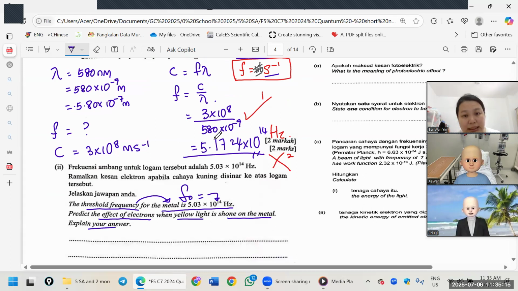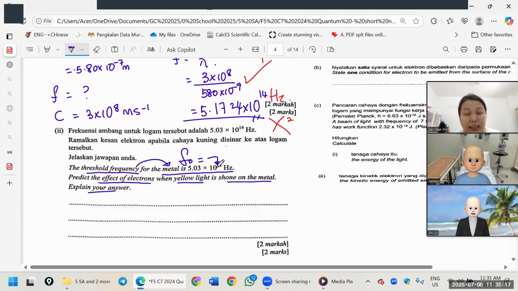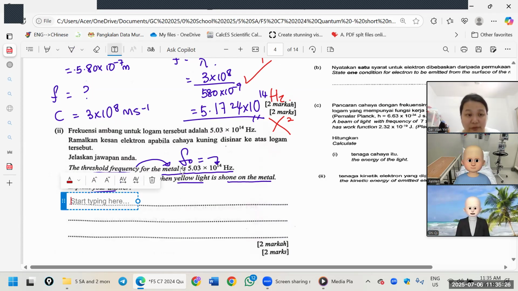You can see this is higher than this, right? So we can say, will there be an electron effect? Yes, there is.